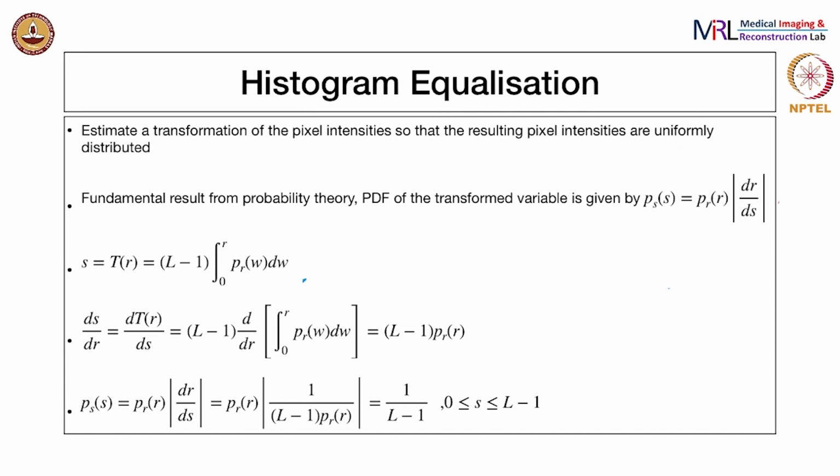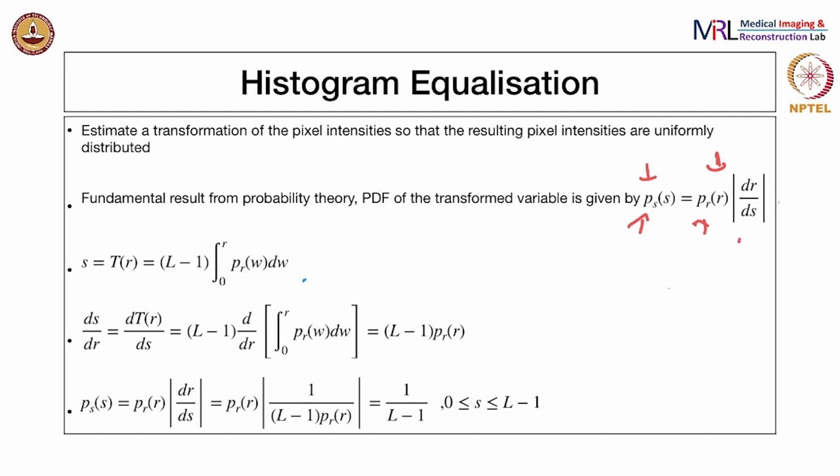P subscript S of S denotes the probability distribution or the histogram distribution of the synthesized image, and P subscript R of R corresponds to the input image. And from probability theory, if R and S are related by a smooth transformation, then the probability distributions are related through this expression.